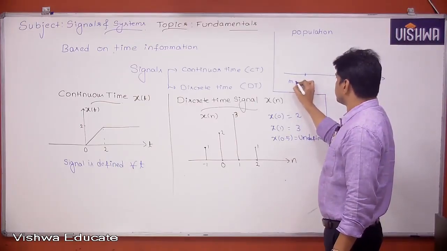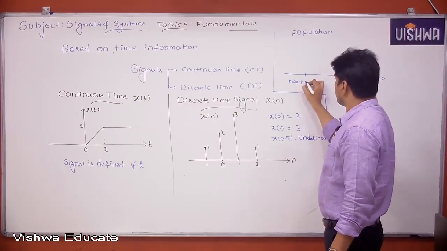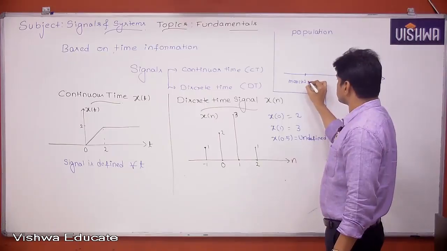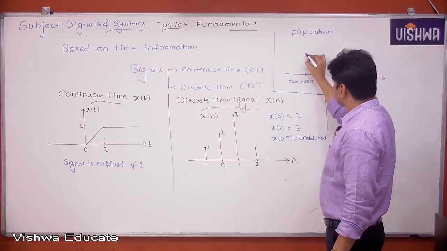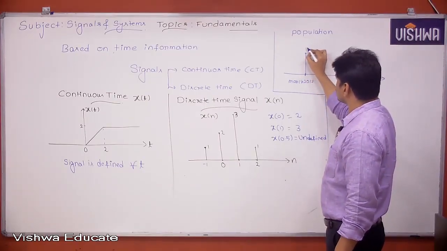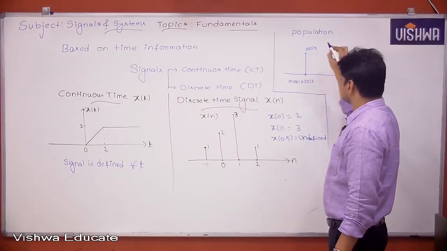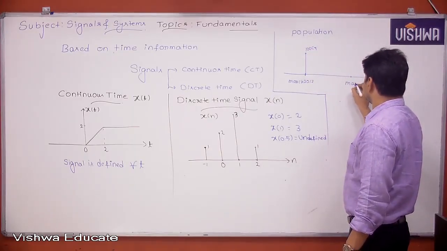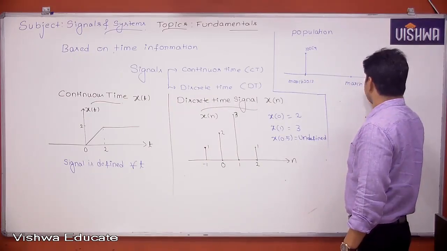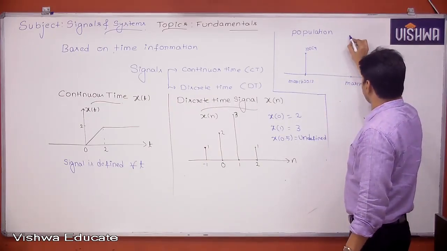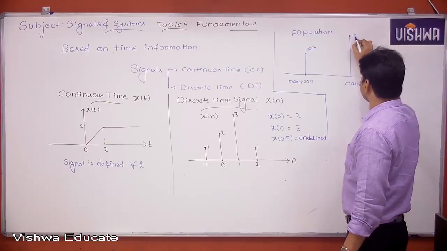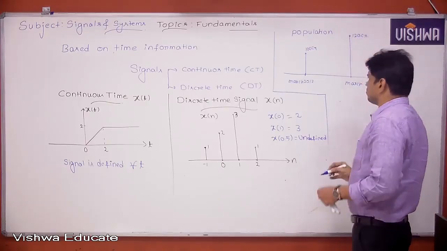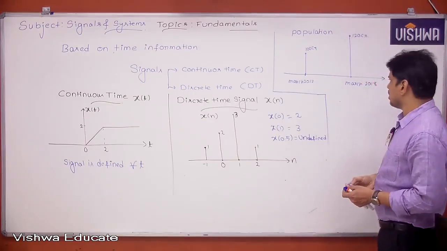If I calculate the population in March 2017, let's say we got 100 crores. Next I will go for March of the next year, 2018. Let's say we have a population of 120 crores. So definitely this is a discrete time signal.